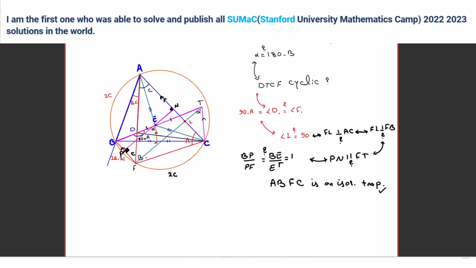Want me to tell you why BP over PF is 1, or do you want to try proving it on your own? I'll try it. Okay.